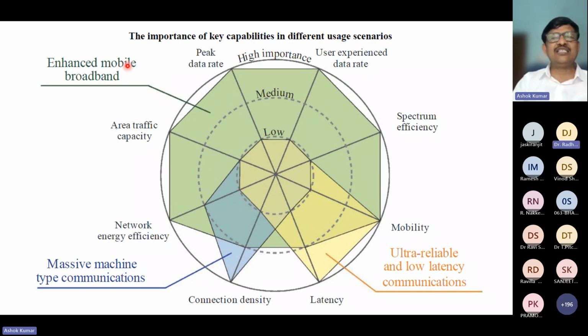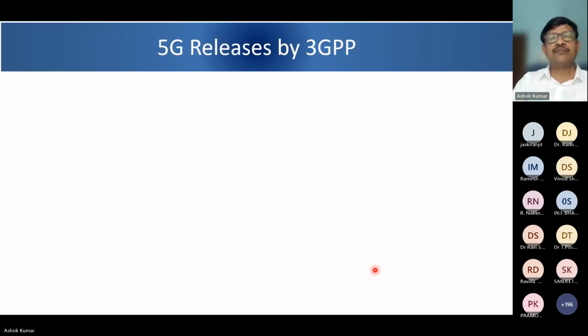If you look at enhanced mobile broadband, you require area traffic capacity very high, peak data rate high, user experience data rate high, spectrum efficiency high, and mobility is also high. So you see that the majority of the requirement is for eMBB, and the rest, this yellow and blue, is for mMTC, blue one, and the yellow portion is for uRLLC. This is also given in the ITU document.